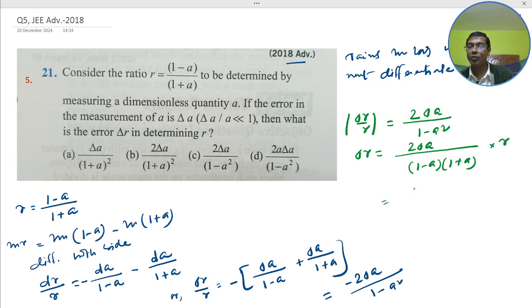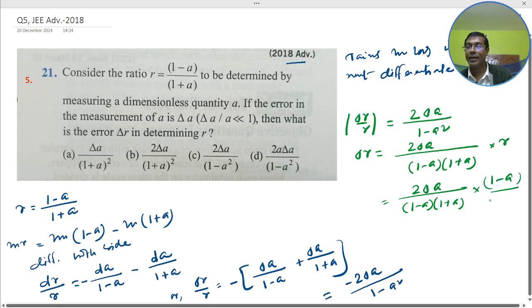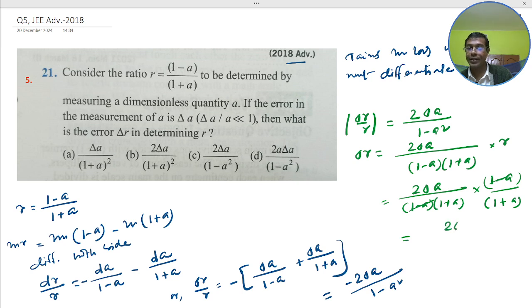So r value is given as 1 minus a by 1 plus a. So 1 minus a cancels out, and we just get 2 del a divided by 1 plus a whole square. So option B would be correct, 2 del a by 1 plus a whole square.